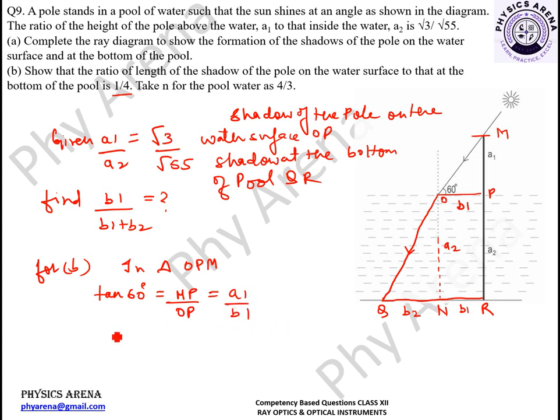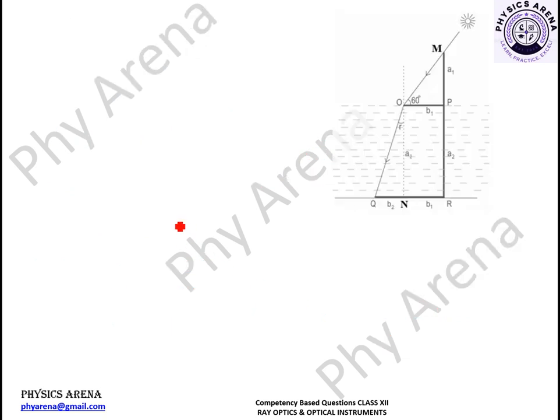So from here I can write B1 is equal to A1 upon tan 60, and B1 is equal to A1 by root 3, since tan 60 is root 3. So this is equation number 1. Now let's find this B2 as well, because we have already obtained B1. Once I know B2, I can take the ratio B1 divided by B1 plus B2.